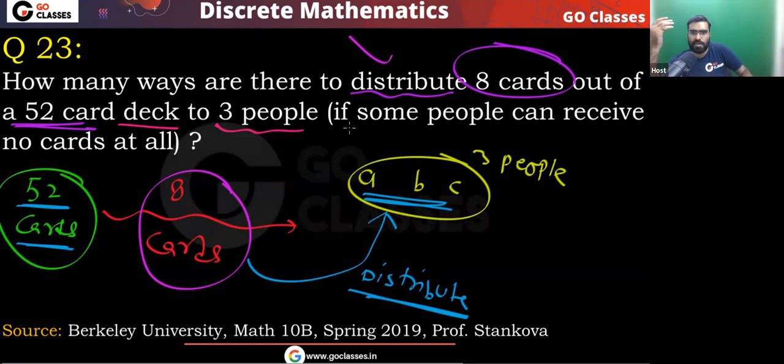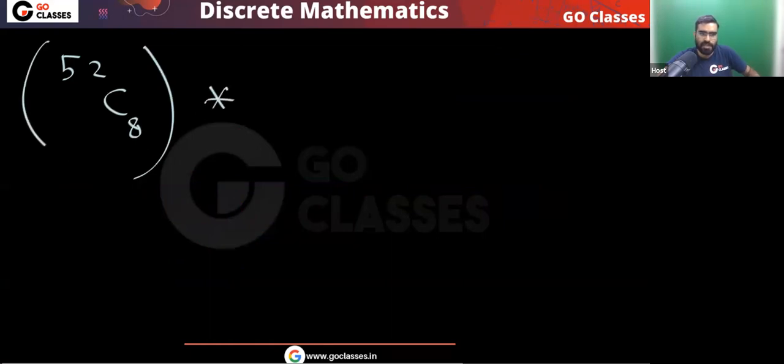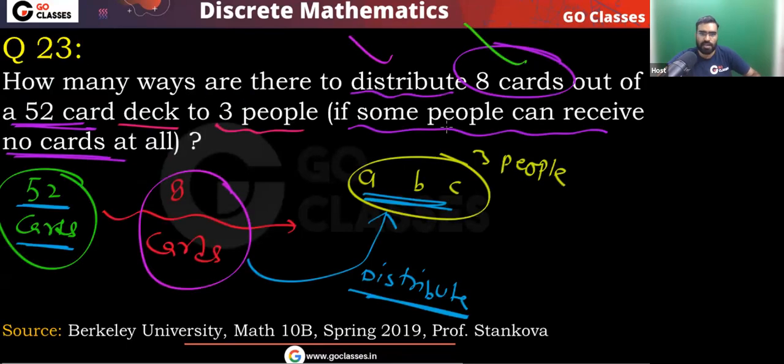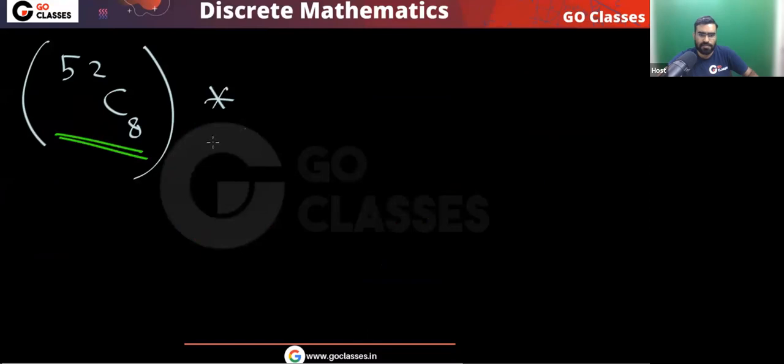Remember, this is already given: some people can receive no card at all. So your answer will be what? First you select 8 cards from 52. Agree with me? Because we want to distribute 8 cards out of the 52 card deck.